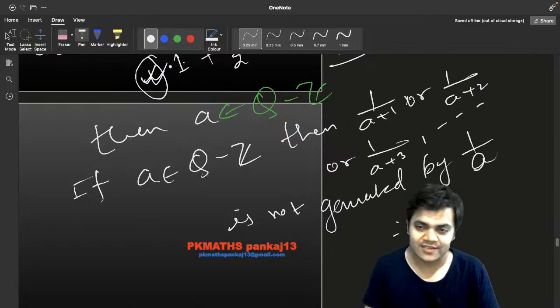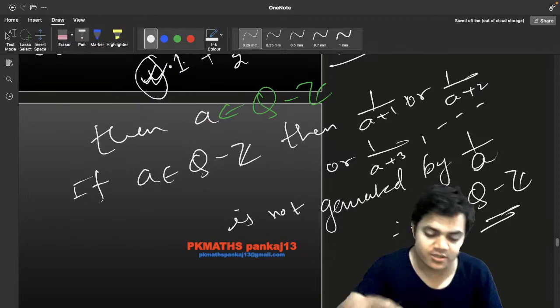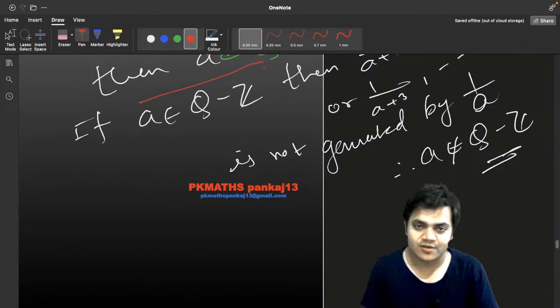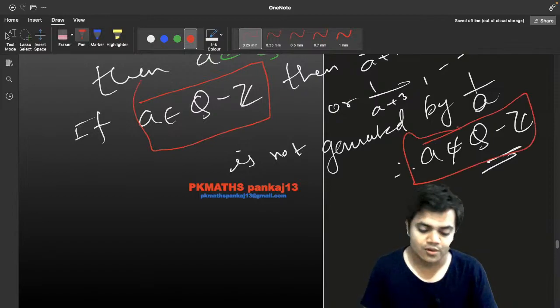So A does not belong to Q without Z. Once again we have gotten the fact that A does not belong to Q without Z, so once again we are going to get a contradiction.